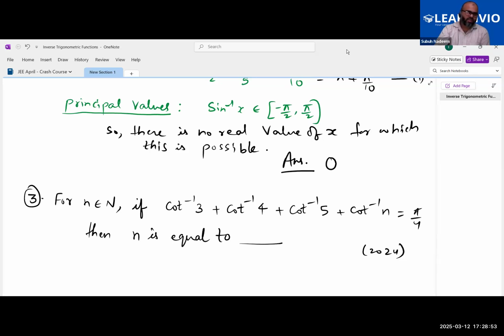I can give you a hint. Try to change cot inverse into tan inverse. Don't keep it as cot inverse, because generally we remember the formulas of tan inverse, but we don't remember the formulas of cot inverse. So it is better to change them into tan inverse. How will you do that? That you have to think. There is a formula.